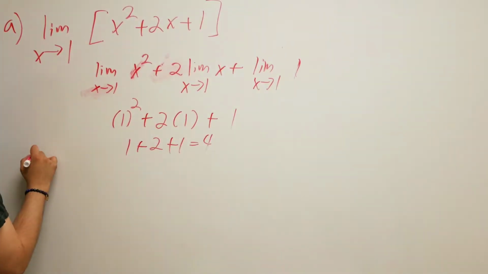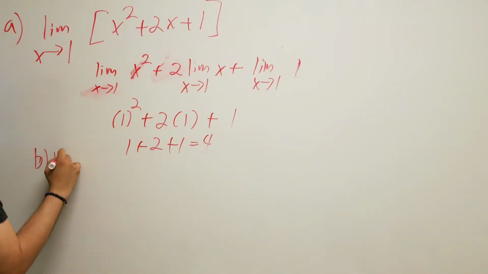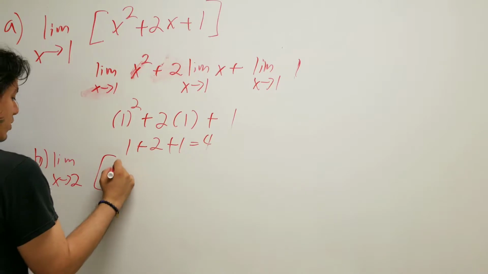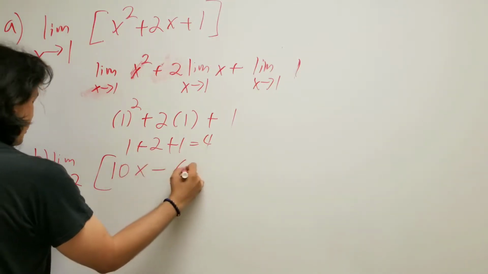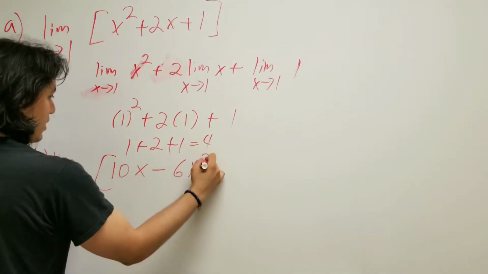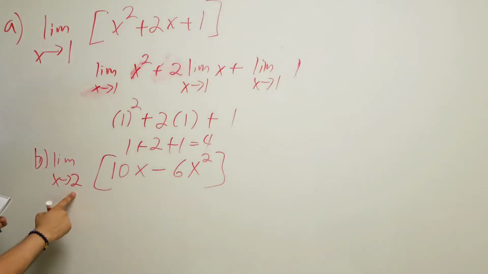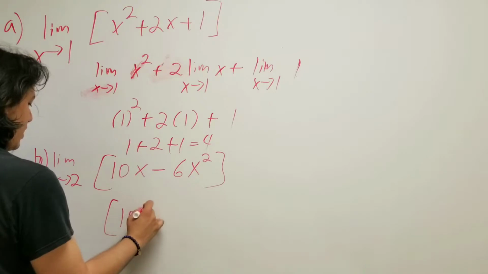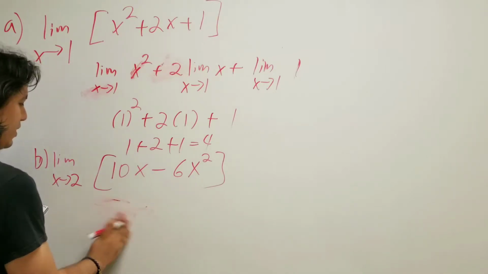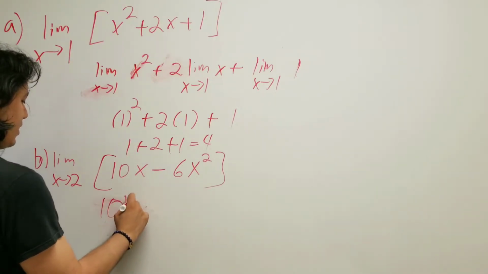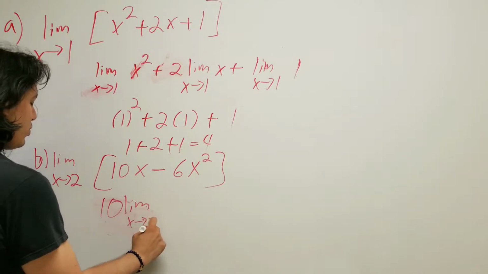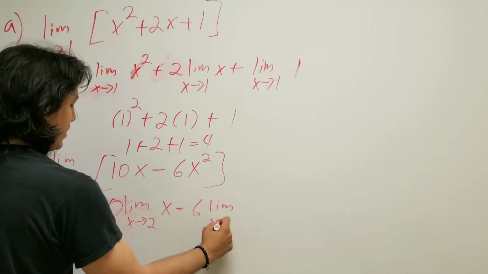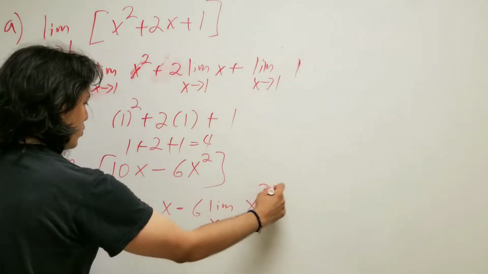Okay? For b, the limit as x approaches 2 of 10x minus 6x squared, we plug this in, so we get 10 times the limit as x approaches 2 of x, minus 6 times the limit as x approaches 2 of x squared.